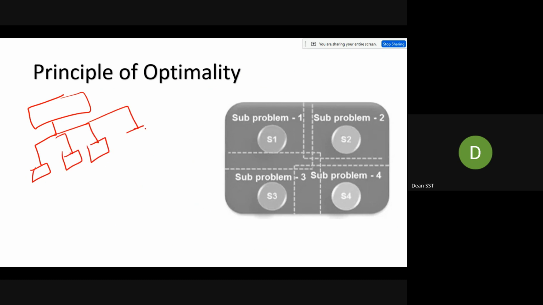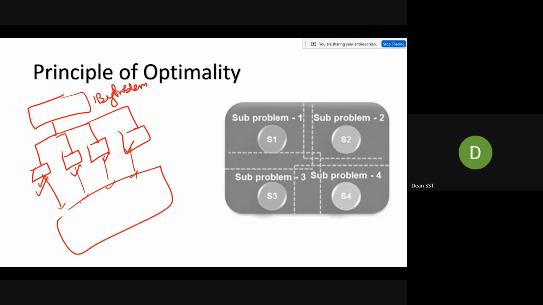Suppose we have one big problem, and we divide it into subproblems. Whatever result we have, we store in a table, and later we use these results to solve our bigger problem.